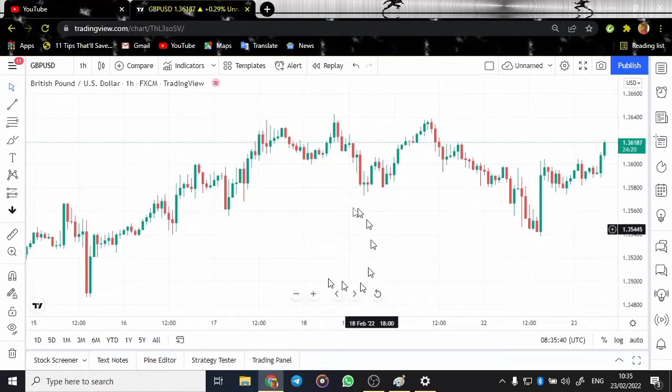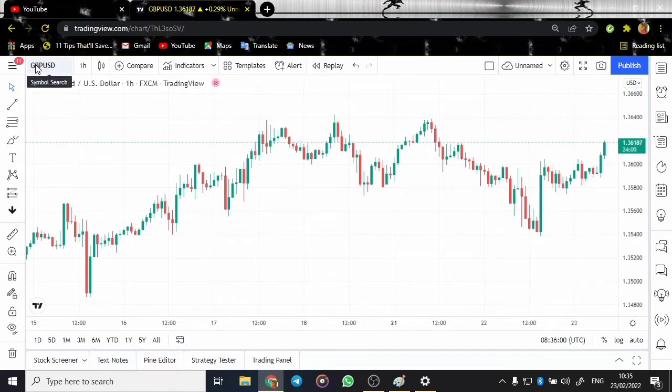So this is the 1 hour time frame here, the currency pair GBP USD. It means the GBP is our base currency, so 1 pound equals how many US dollars. This is what a currency pair means, guys.